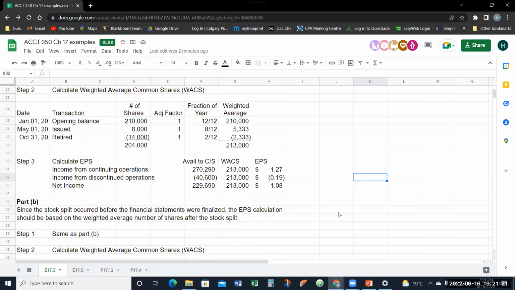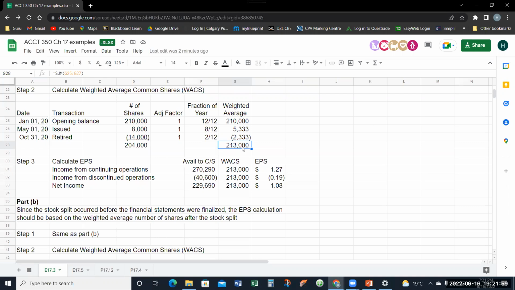Now, the quick calculation would be, since we already know that the weighted average number of common shares was 213,000, and a stock split basically means before you had 1 share, after the stock split, you would own 3 shares. So for every 1 share that you had before, you will end up with 3 shares after the stock split. So if we had 213,000 shares outstanding before the stock split, after the stock split, it'll be 213,000 times 3, 639,000 shares. That's the quick calculation.